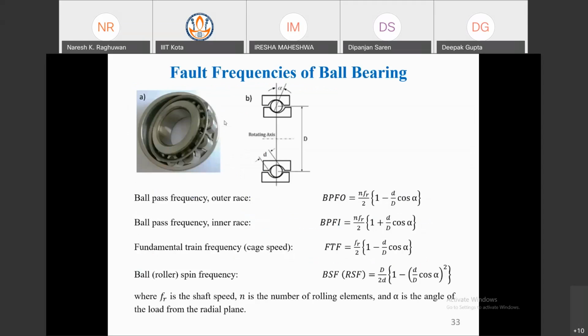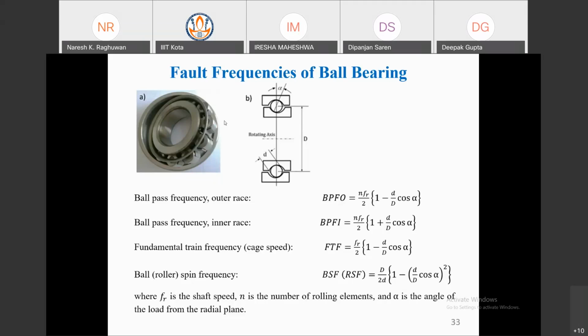Fault frequency: if we are doing the fault analysis in the frequency domain, then we have to calculate some frequencies. As in the case of gear, there is the gear mesh frequency, and you see the gear mesh frequency in the signals. But in the bearing, there is a different frequency, or we can say the fault frequency.